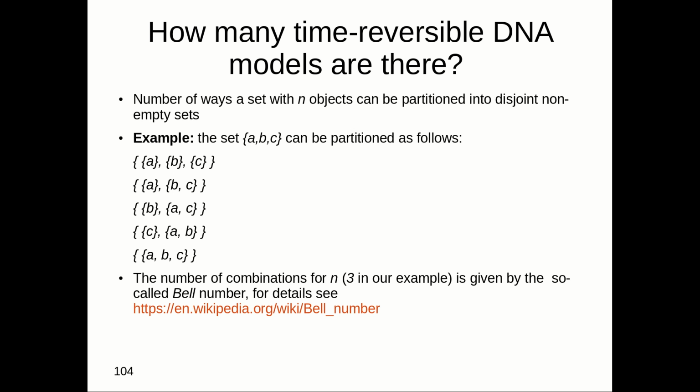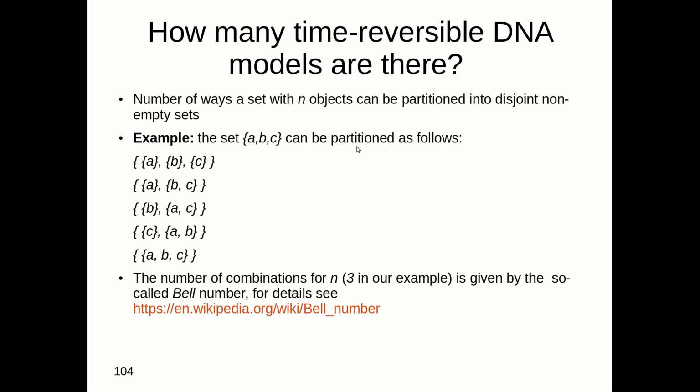This can be computed by considering the number of ways a set with n objects, like 6 rates in our case, can be partitioned into disjoint non-empty sets. So for instance, consider the set ABC and the different ways that we can partition this set.